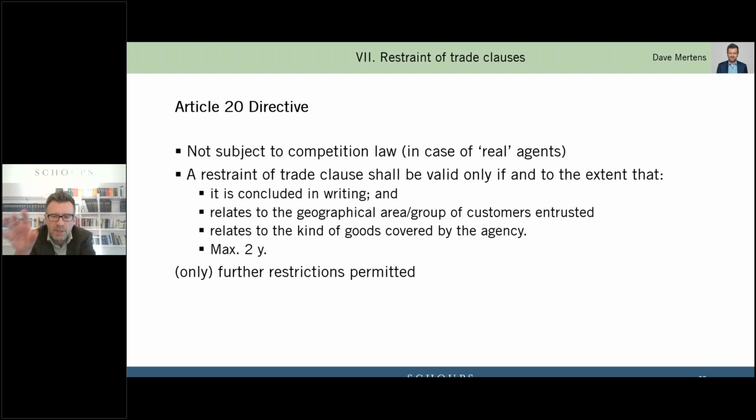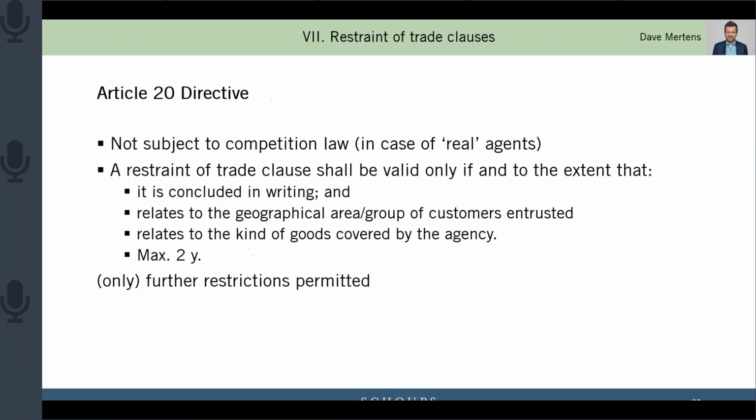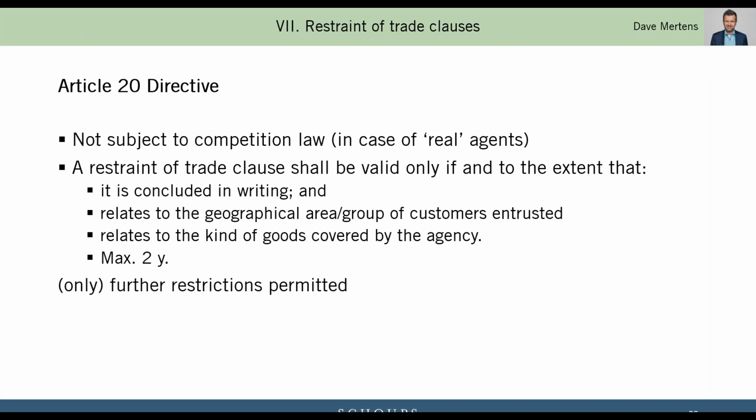Why is that in the directive? Because, as I mentioned, one of the key potential advantages of commercial agency is that it falls outside of the scope of competition law, with the limitations there on non-compete clauses inherent in competition law. So this is why we need to put something specific in the directive and then in the national legislation.